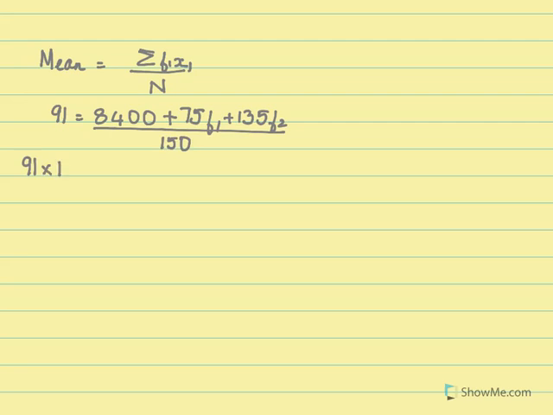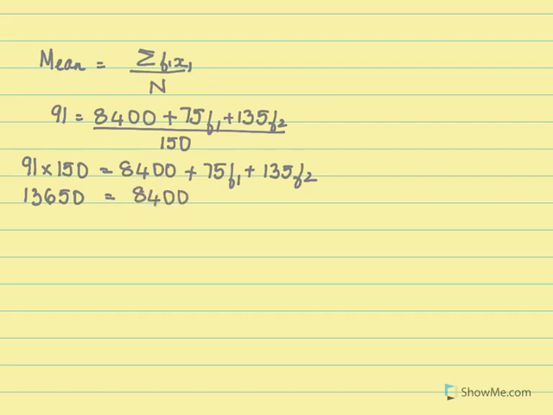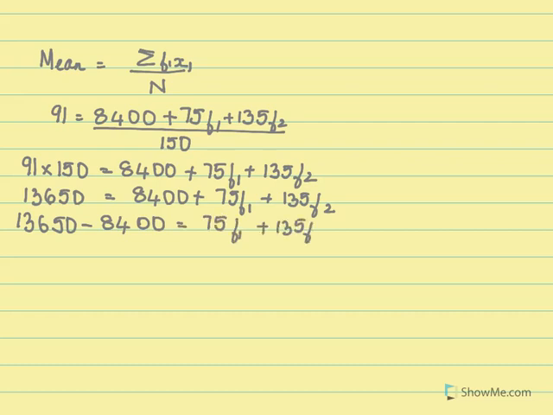Cross multiply: 91 into 150 equal to 8400 plus 75 F1 plus 135 F2. On multiplying, 13650 equal to 8400 plus 75 F1 plus 135 F2. 13650 minus 8400 equal to 75 F1 plus 135 F2.